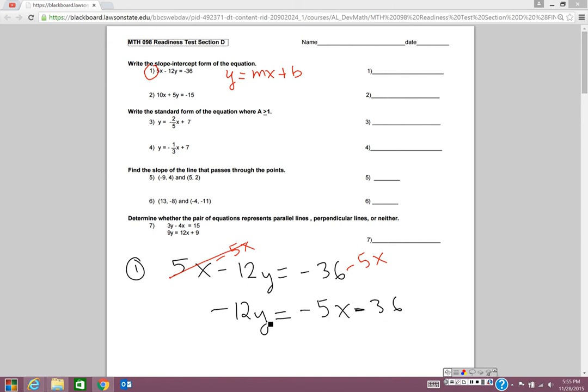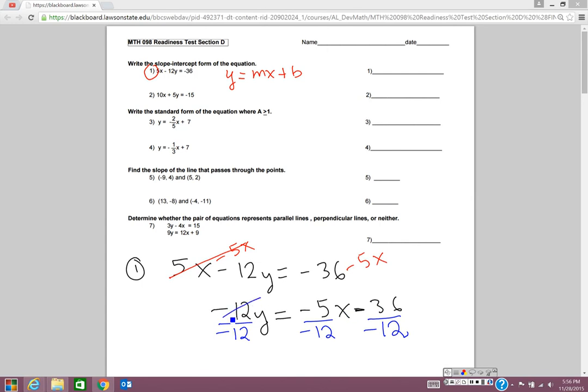I'm not done because my y is not alone, or the coefficient of y is not 1. So I'm going to get rid of the negative 12 by dividing by negative 12. When I divide by negative 12, I have to divide both sides by negative 12. And since I'm dividing the right side by negative 12, I have to divide both terms as well by negative 12.